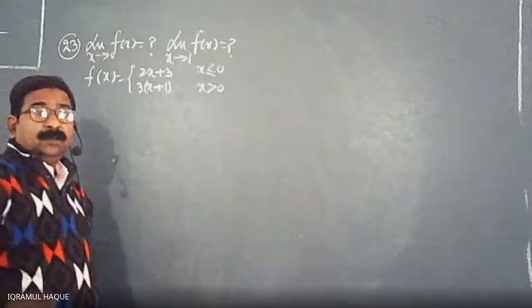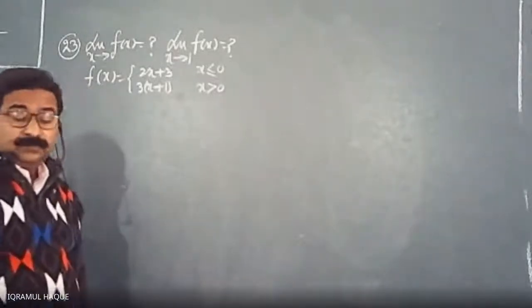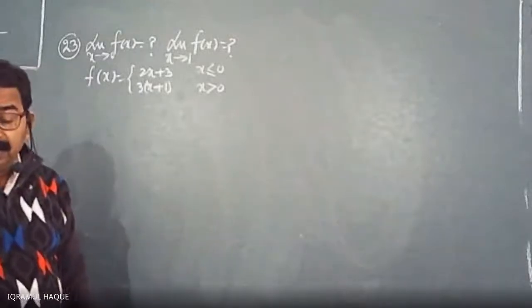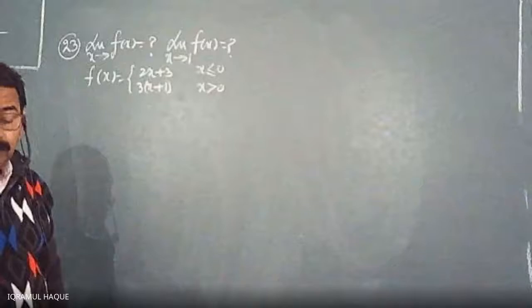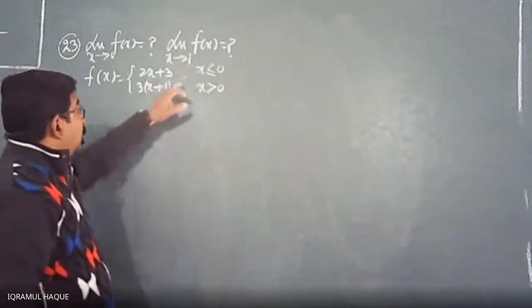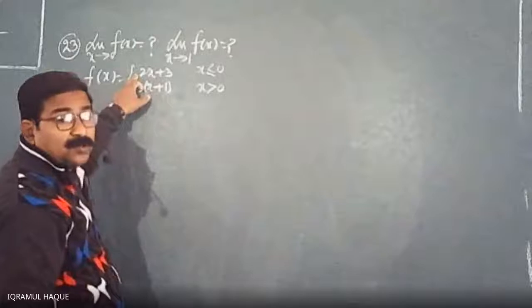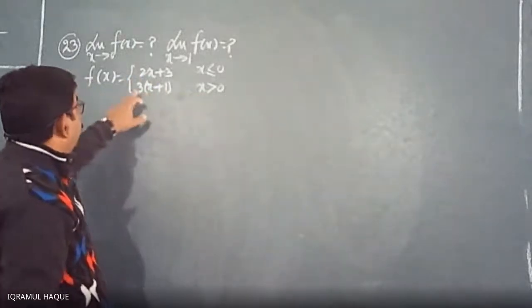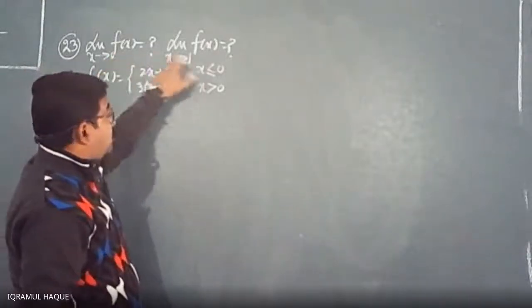So we have two limits. Here x is less than or equal to 0. Here x is more than 0. So we have to find two limits, x tending to 1 and x tending to 0.